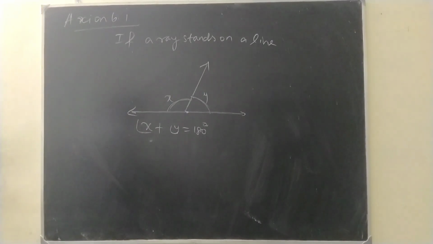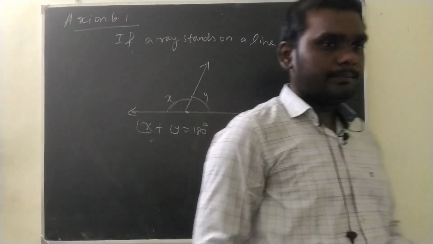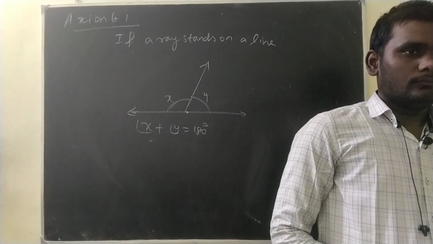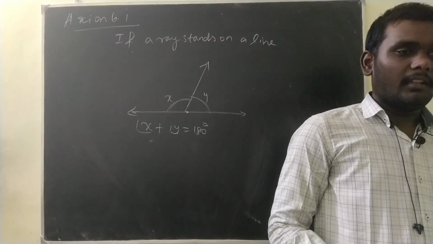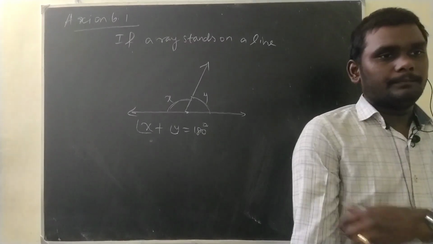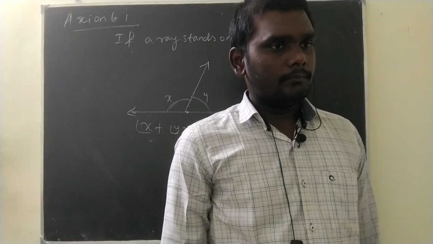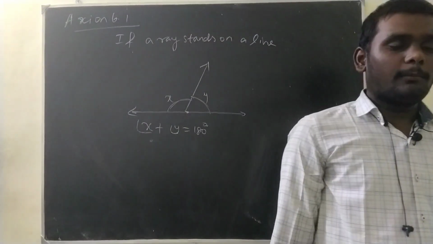And there are several examples. In those we have to figure out what type of angles they are. Do you have a book with you? Okay. Take page number 73. In 73 at the top, do you have axiom 6.1?